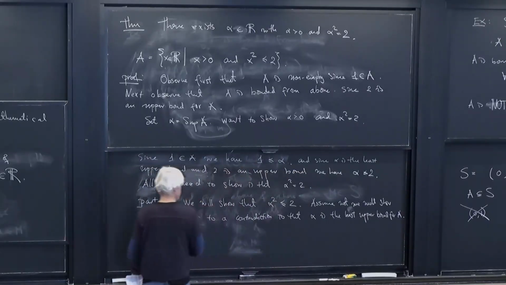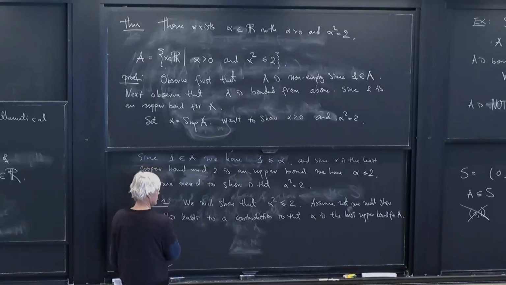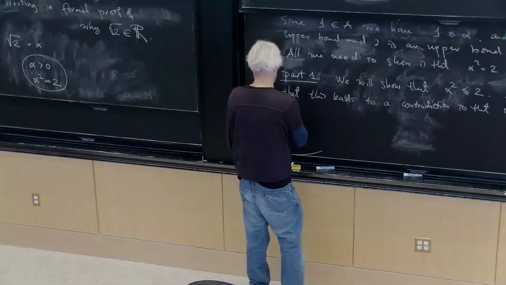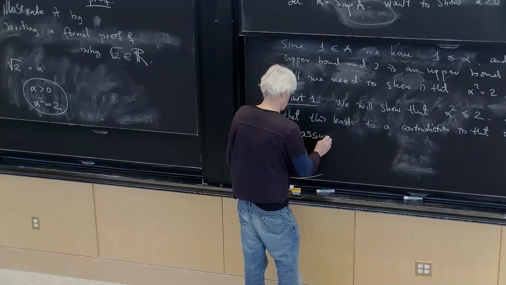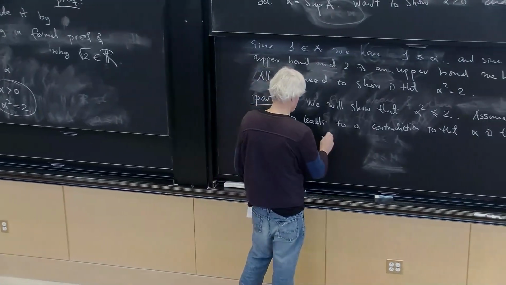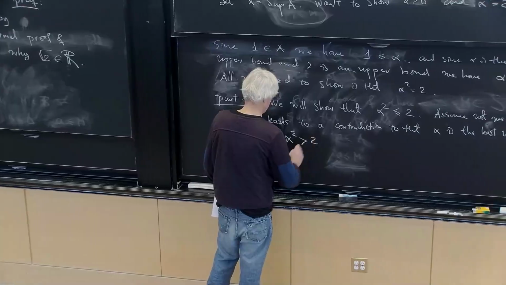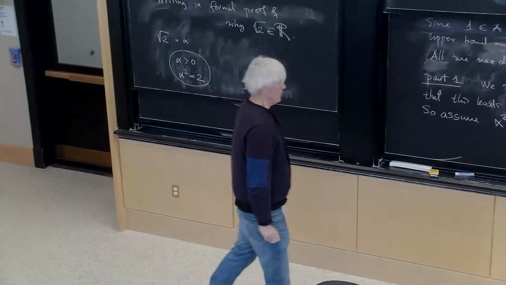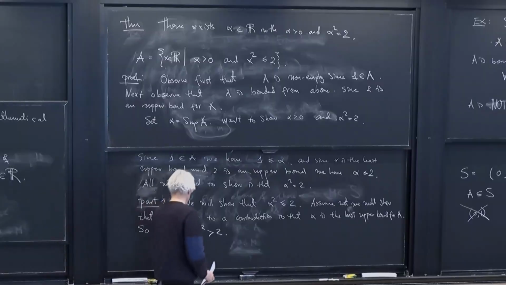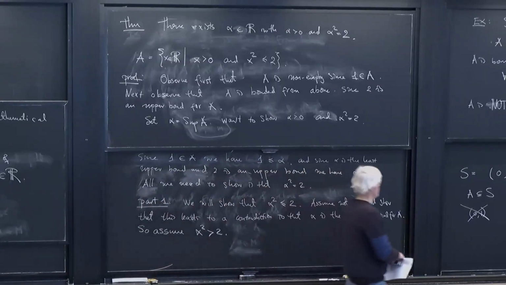So we assume not, so assume that alpha squared is strictly bigger than 2. Then, and this is where it deviated more from how we did it last time.